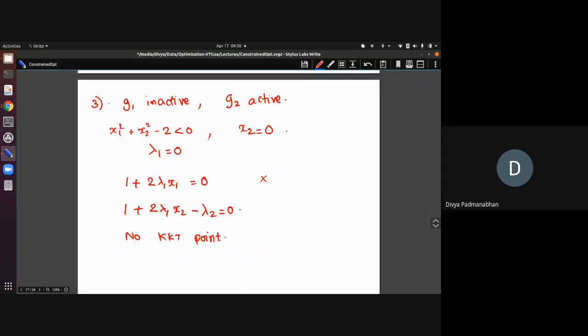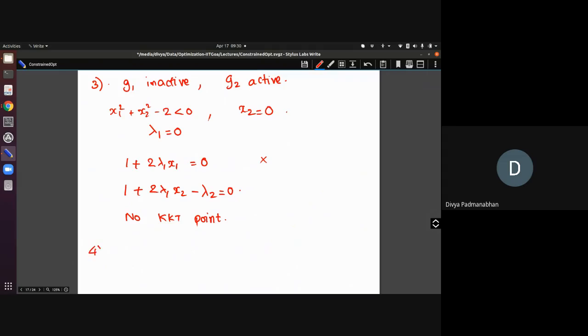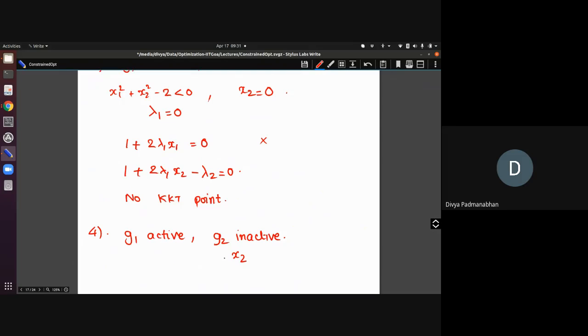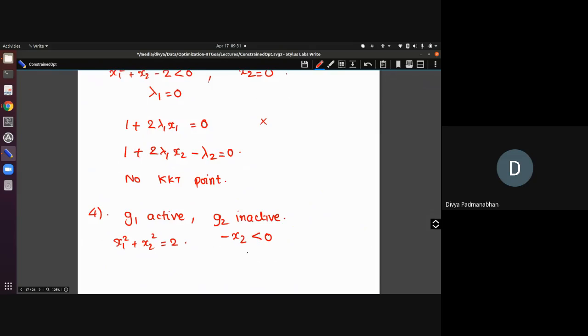Now, the last case. Suppose G1 is active and G2 is inactive. That means minus x2 is less than 0, and x1 square plus x2 square equals 2. This would mean lambda 2 is equal to 0.